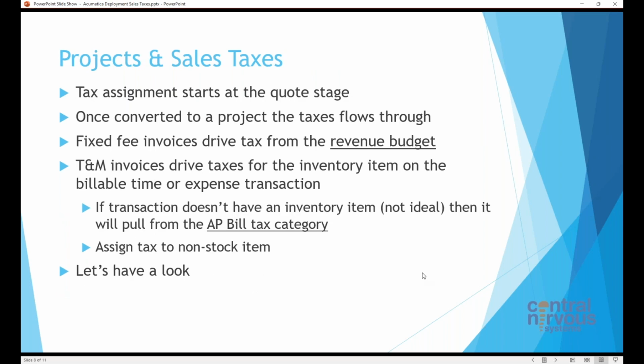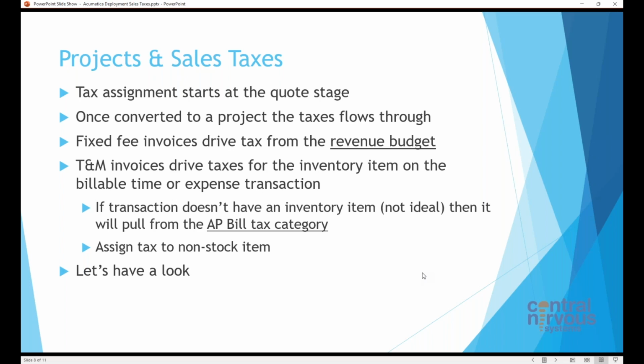Okay. So now we're going to look at projects, because we do a lot of project billing and we're looking for taxes to flow from projects onto our project billing invoices. So with projects and sales taxes, tax assignment starts at the quote stage. Once converted to a project, the taxes flow through. Fixed fee invoices drive tax from the revenue budget.